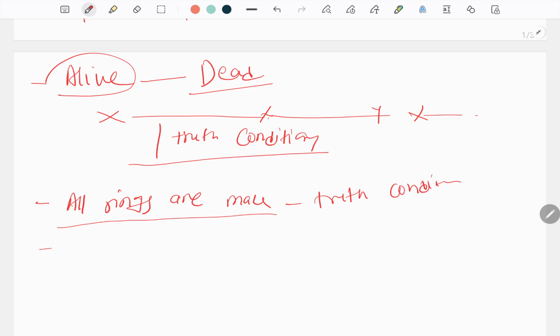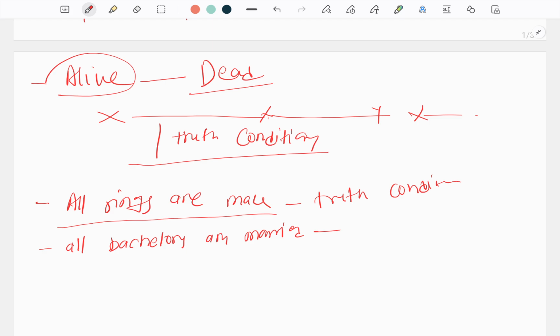And if I take an example like "All bachelors are married," how can this sentence be possible? If a person is a bachelor, then he is unmarried.